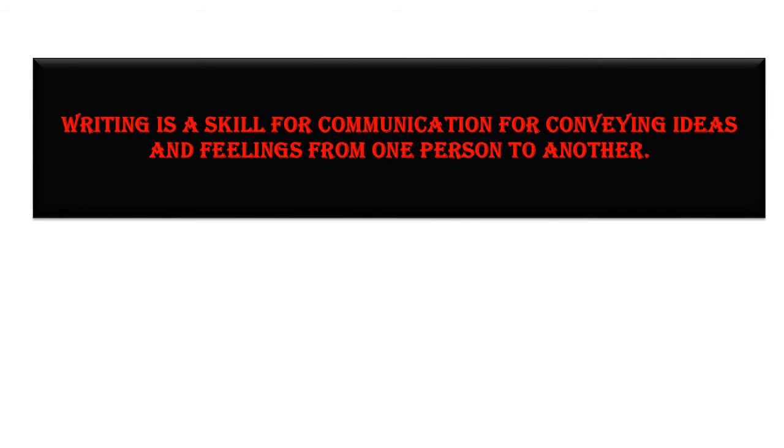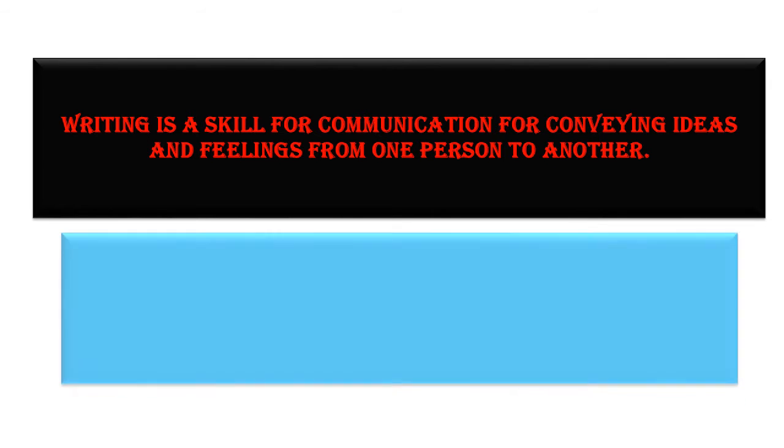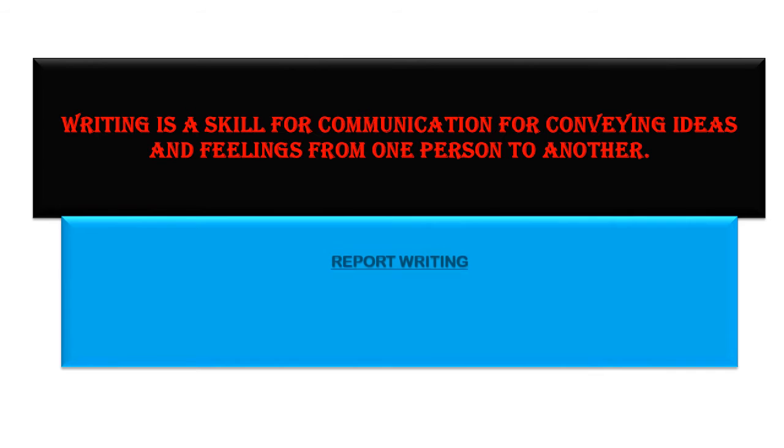In this slide, we see what a writing skill is, children. Writing is a skill for communication, for conveying ideas and feelings from one person to another, and report writing is doing something like that. What is a report?